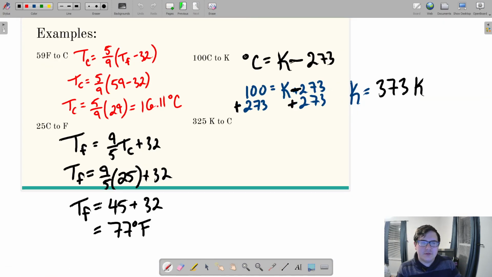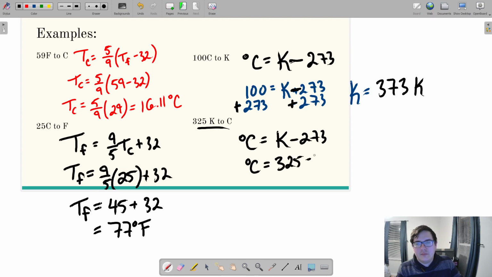Okay, now let's go 325 Kelvin to Celsius. So we got degrees Celsius equals K minus 273. There we go. Get it right this time. So degrees Celsius equals 325 minus 273. And that's going to get us in the realm of 52.